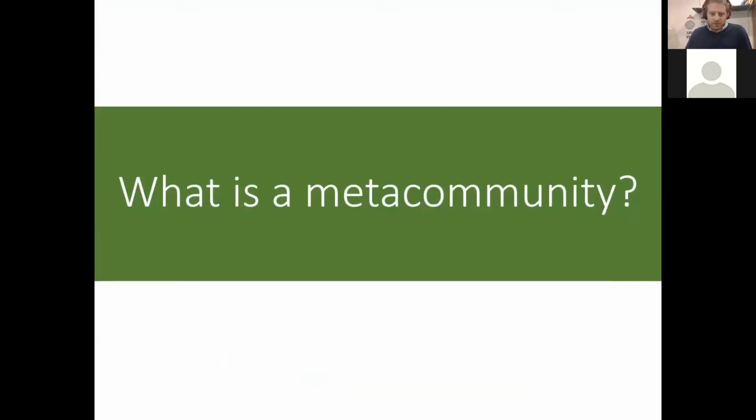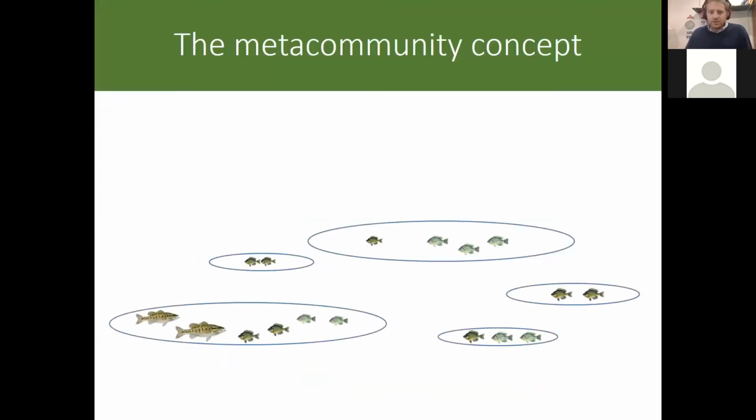Okay, so what is a metacommunity? It's more than just a group of observational units in a landscape. Really, the metacommunity concept is thinking of connected communities and realizing the importance of local interactions and how they influence local community assembly dynamics. This includes competition, factors affecting local demographics, and other things.